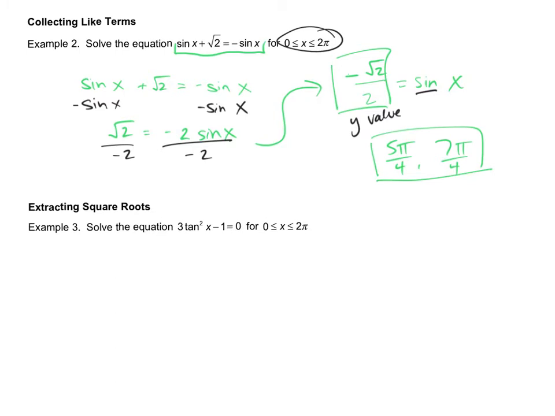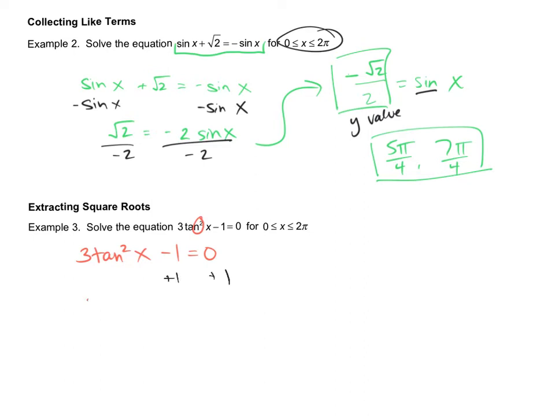In the next example, we're going to look at a case where there is something squared on my trig function. So again, we're going to start with our equation: 3 tangent squared x minus 1 equals 0. Again, if we thought of this as an x squared instead of a tangent squared x, our first thing we would want to do is add 1 to both sides.